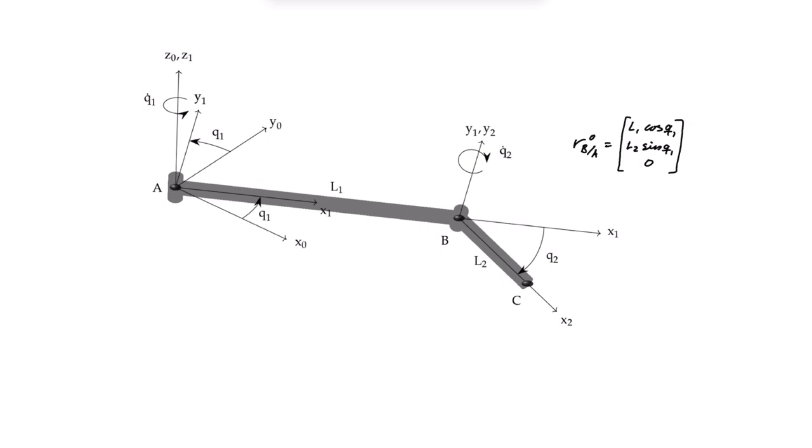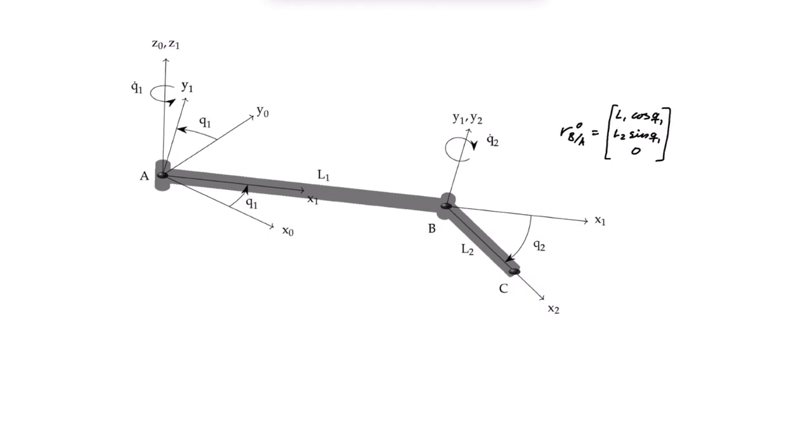So now I want to find the vector BC and to later add up AB and BC to get C. The vector BC is almost the same as the vector AB, just with another reference frame and L2. So the vector BC is equal to L2 multiplied by i2.